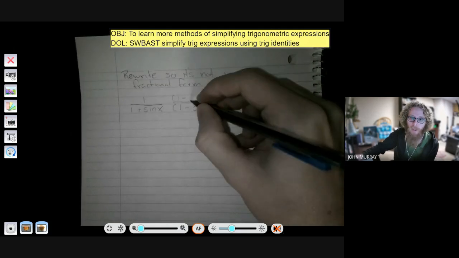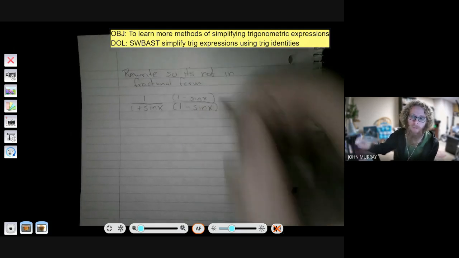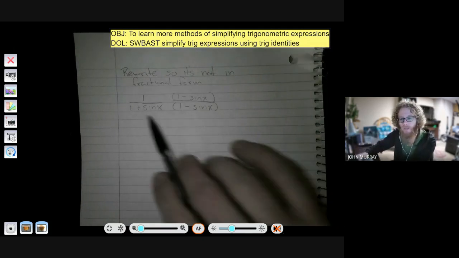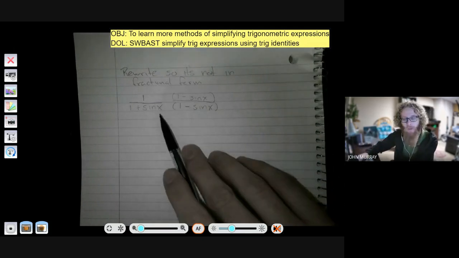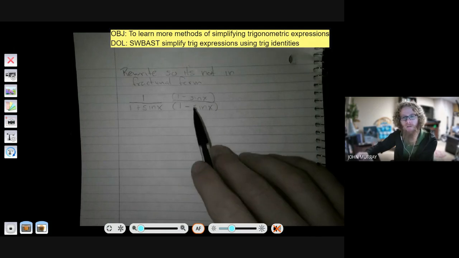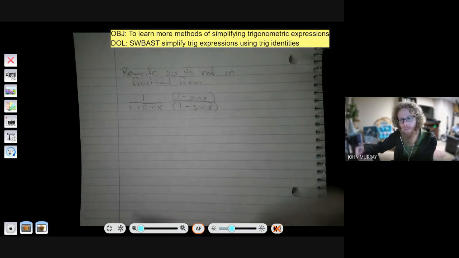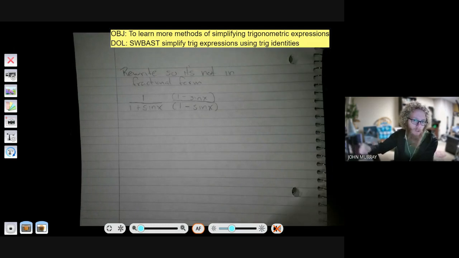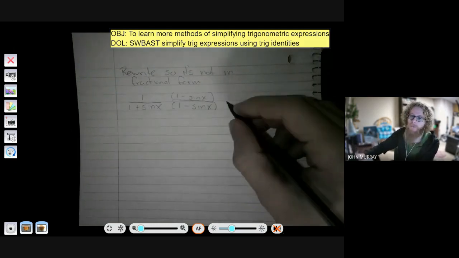Right? And whatever we do to the denominator, we have to do to the numerator. The reason I picked this is because once we have a sine squared and a 1, that's a good place to start because we can start using our Pythagorean identities.